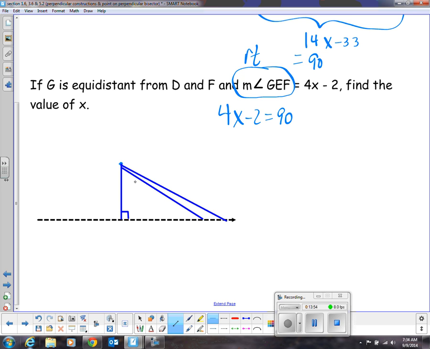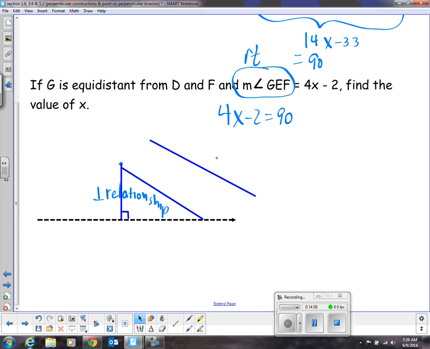The question is, which one of these is going to be called the distance from the point to the line? It will always be the perpendicular relationship. So this line is not good. This line is not good. When we look at a point to a line, we're looking at the shortest distance, and that will always be the perpendicular.